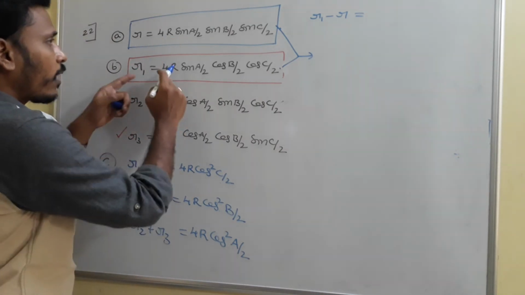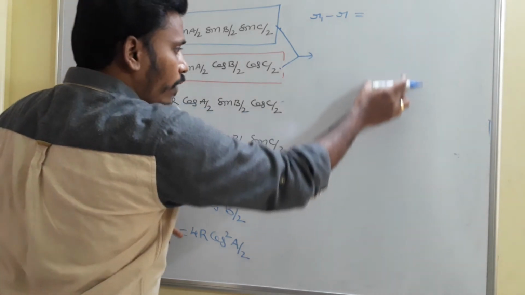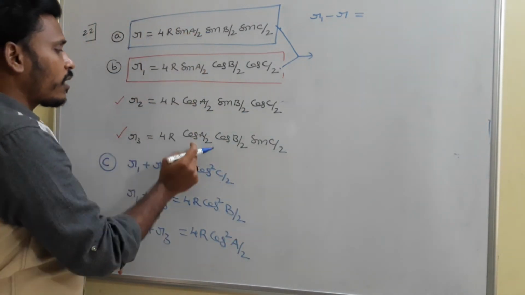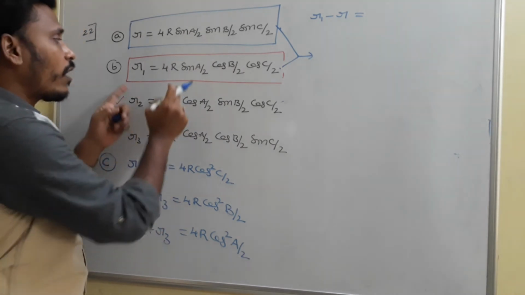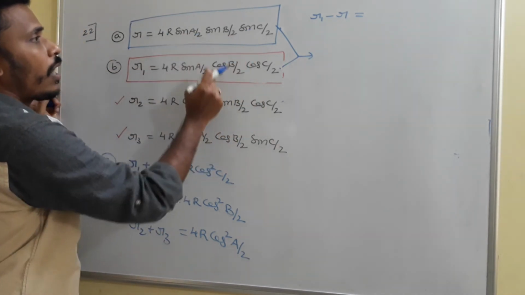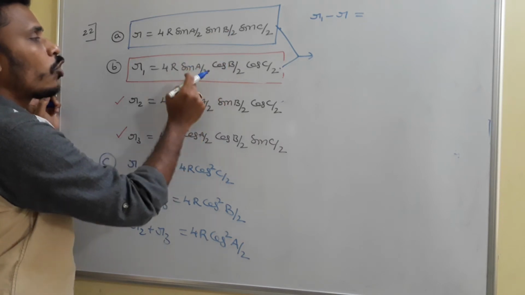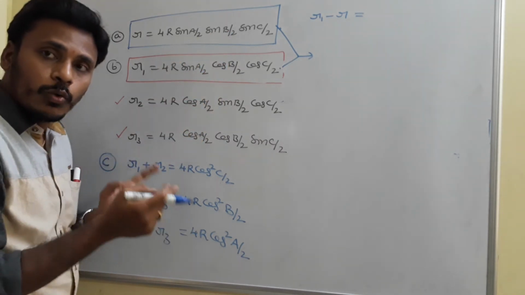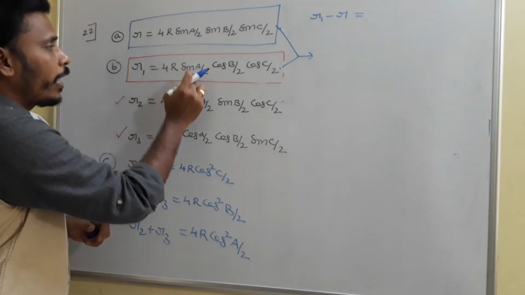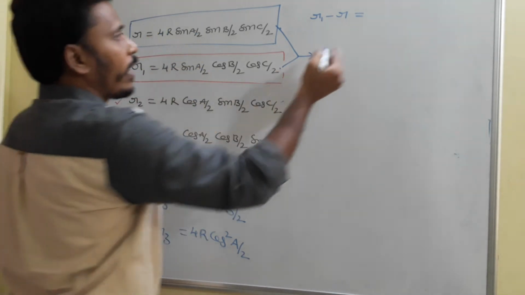First of all, I am going to derive a rule for r1 minus r, and then similarly r2 minus r, similarly r3 minus r. For r1 minus r, r1 is this one, r is this one. While subtracting also you need to write the common number out. 4r is a common thing, sin a by 2 is also a common thing. You just write it out.